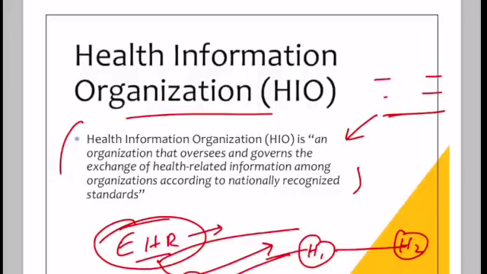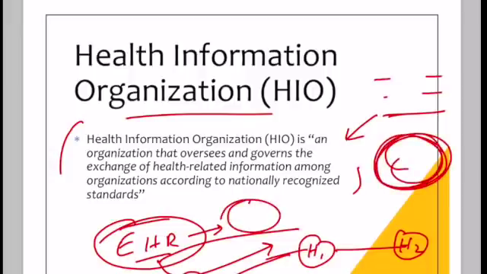An HIO is basically an organization, a third party. It could be an organization at the federal level, or at a regional level. We will discuss later the different types of HIOs, and it could be inside a hospital or a small office. Their job is to oversee and govern the exchange of health-related information among organizations according to the nationally recognized standard.